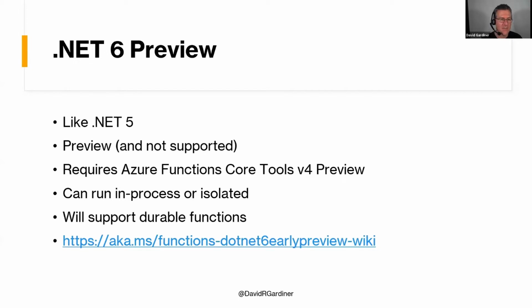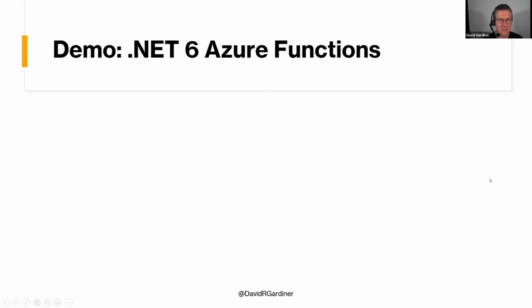So the 3.1 model, where everything's running in the same memory process, or isolated like .NET 5. And because it supports in-process, .NET 6 will be able to support durable functions. So if that was something you were using previously, then upgrading to .NET 6 is a possibility. So let's have a look at some .NET 6 Azure Functions to see how they compare.